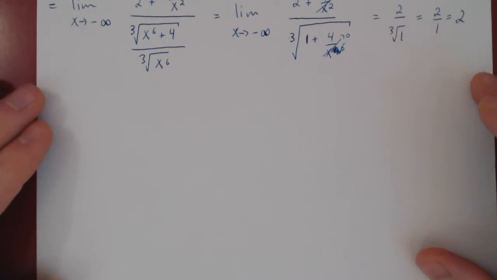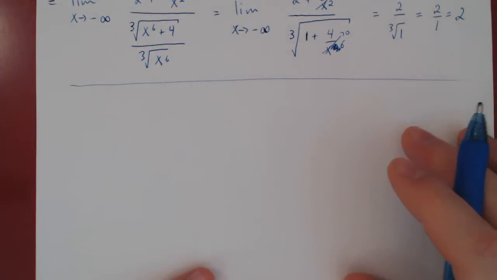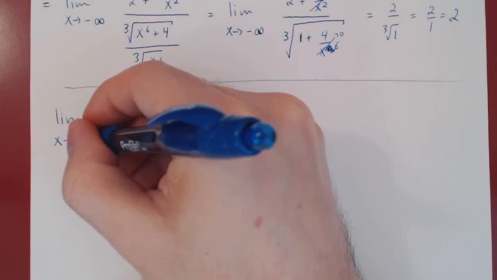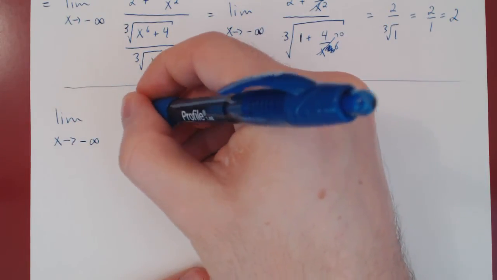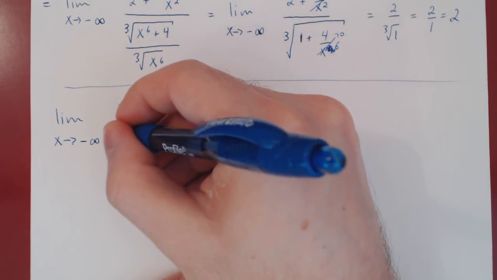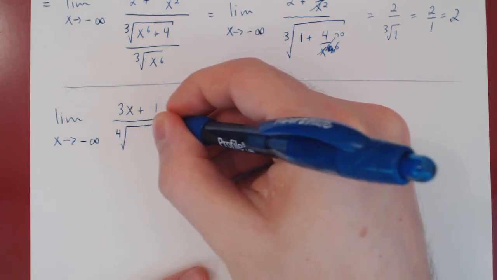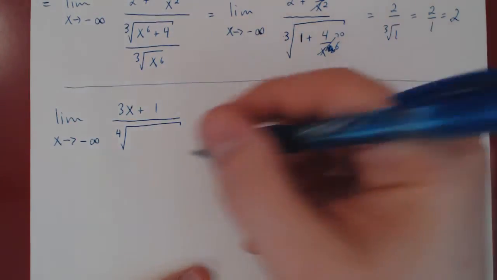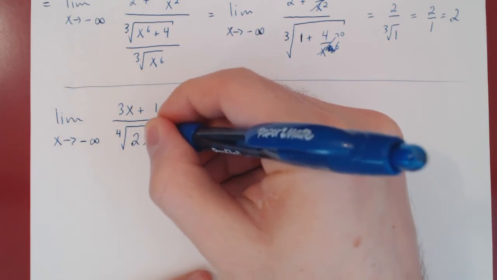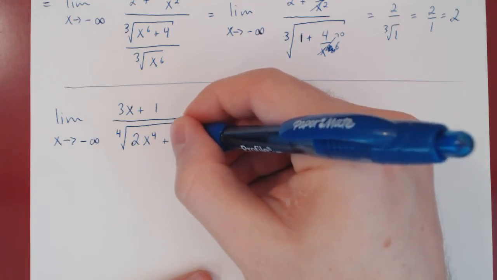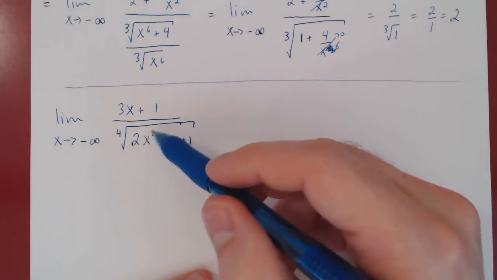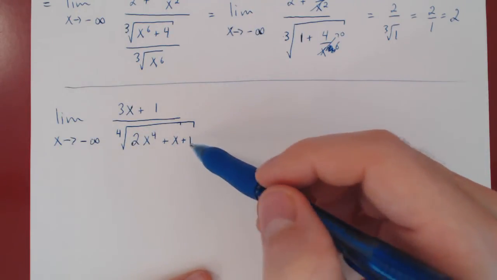Let's look at one last short example. So 3x plus 1 over the 4th root of 2x to the 4 plus x plus 1.